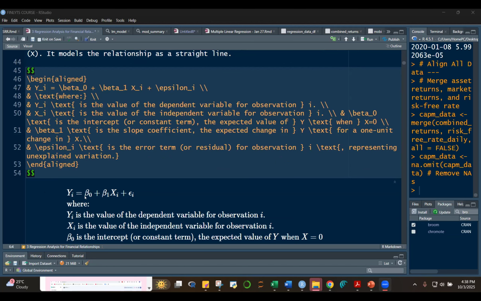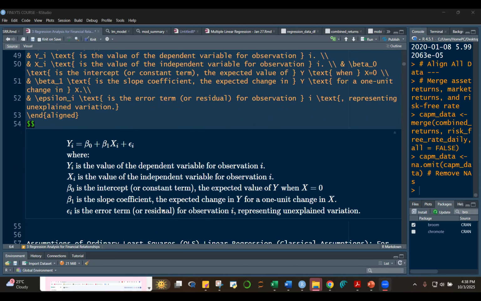So this is the generic equation of a simple linear regression. This is your variable of interest, y. This is your independent variable, and this is your intercept, and this is the slope, which represents the marginal effect of a 1-unit change of your independent variable on your dependent variable.